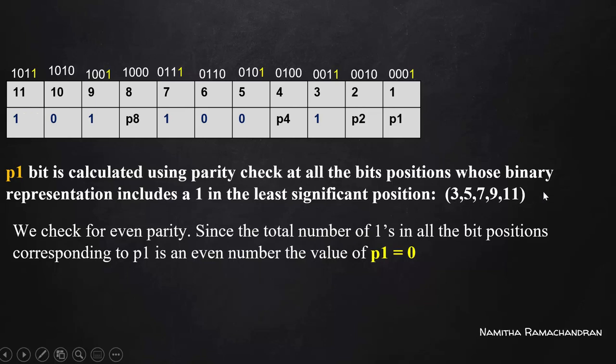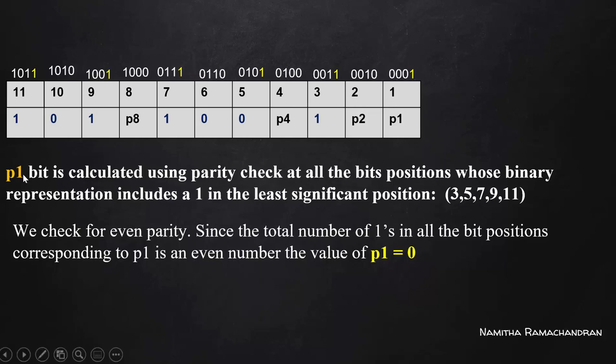If these positions together contain an odd number of ones, then here we need to set value 1. If these positions together contain an even number of ones, then we can set value 0 here. Okay, this is the rule of even parity system. Generally, we are following even parity system along with this Hamming code.